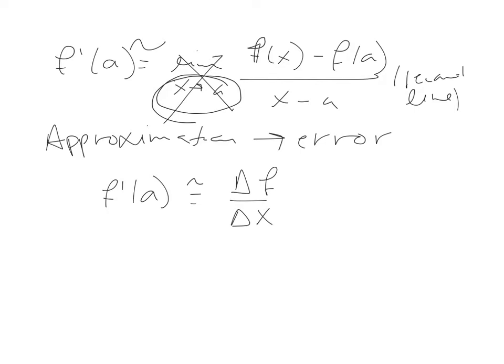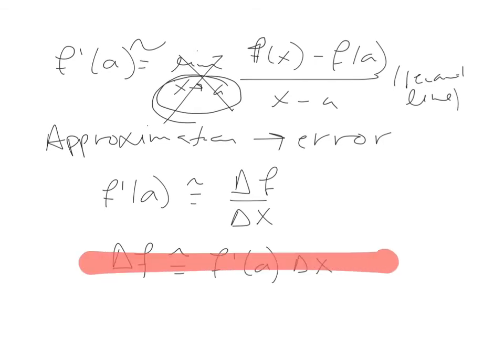And if we do some basic algebraic rearranging, we can say that the change of f is approximately equal to f prime of a times the change in x. And this is the formula that we're going to use. So we can approximate the change in f using f prime of a.